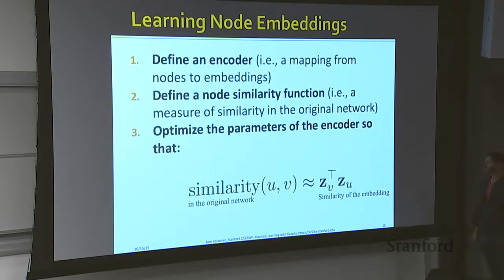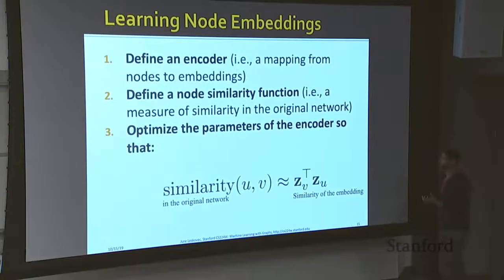So how do we now learn the full pipeline? First, we want to define an encoder. An encoder is an object that maps from the nodes to the embedding space, so from a node in the graph to a vector representation. Then we want to define our node similarity function, so for instance, measure similarity in the original network.